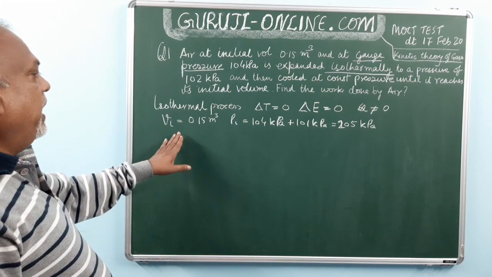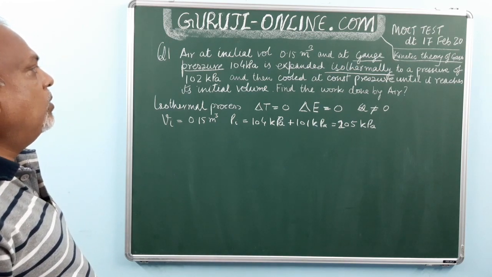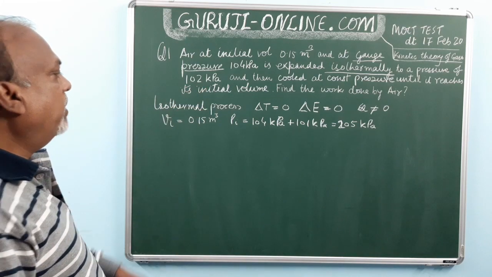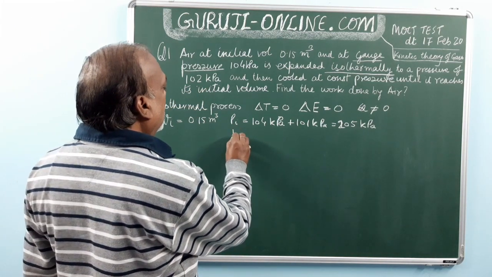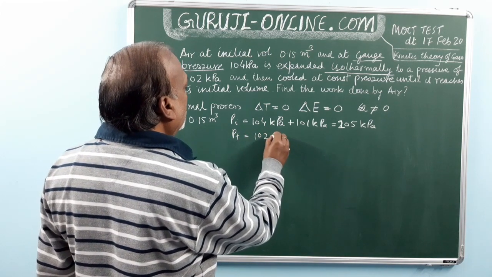Now this air with these initial parameters is expanded isothermally to a pressure of 102 kPa. That means your pressure is now 102 kPa.